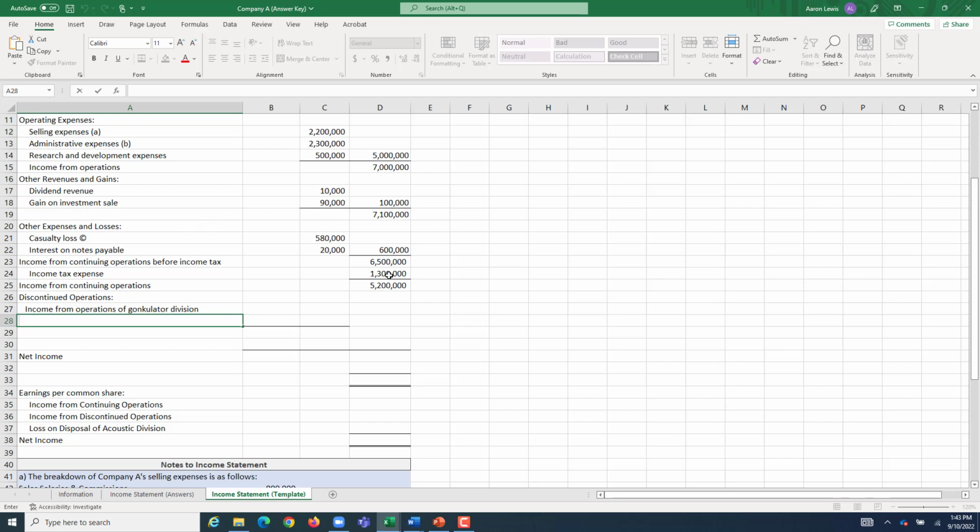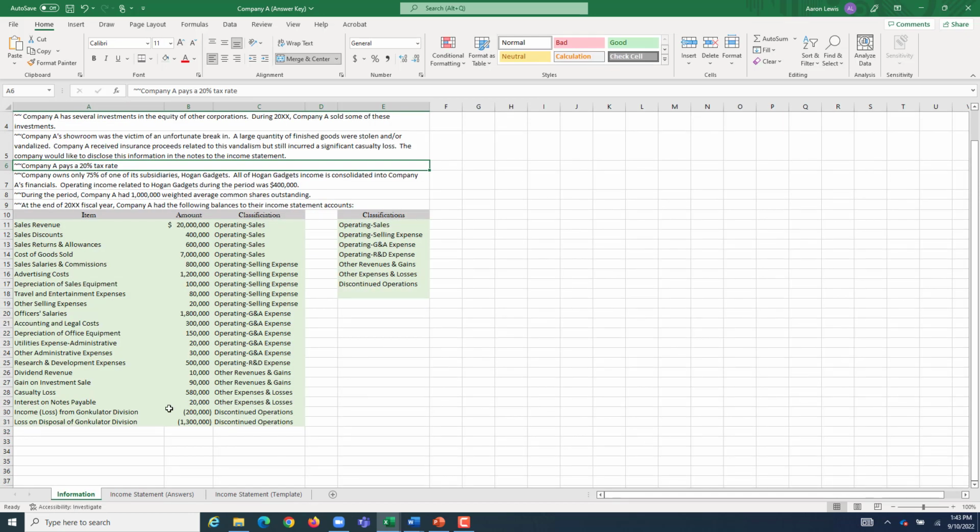Like all of the results of what happened with this would have been included in our income tax expense. Well, we got to get rid of this. So we're going to, from that, subtract applicable income tax.